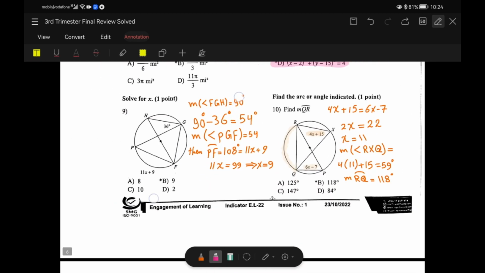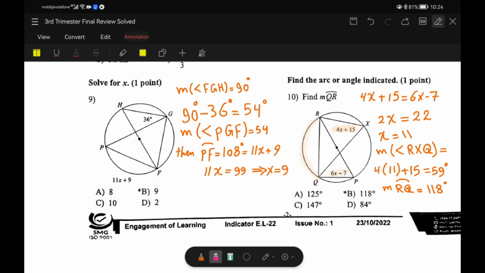Number 9. At number 9, we need to solve for x. It's a very easy thing. Let me remind you of the theory of the circle. When you find an inscribed angle for an arc which is a semicircle or half circle, that means this angle must be what?